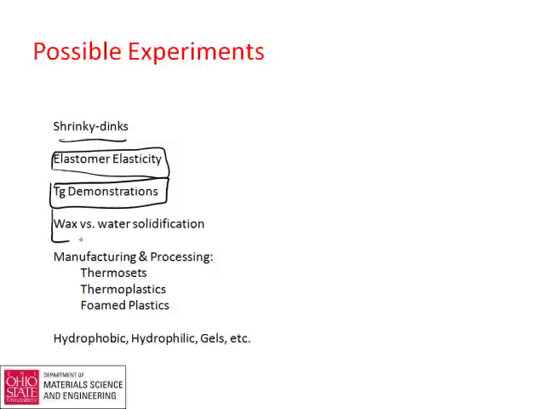You can look at the solidification and melting behavior of wax or a polymer versus water. A favorite demonstration of mine along these lines is you can see that there's not a real strong difference. There's a continuous difference between solid and liquid as you go through that glass transition, but there are big changes between them.